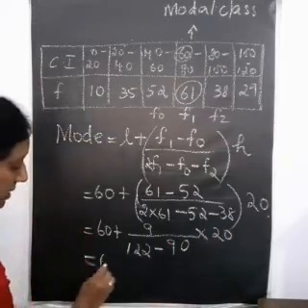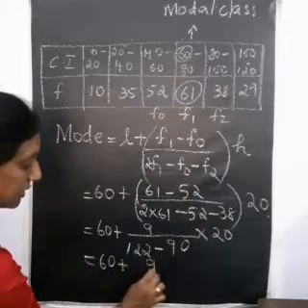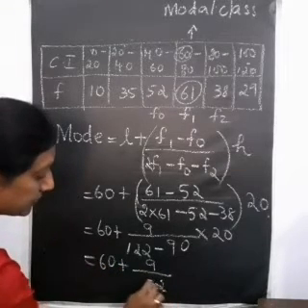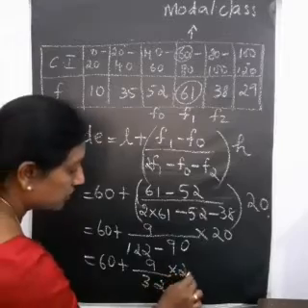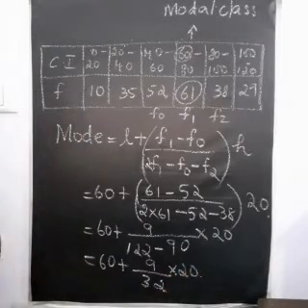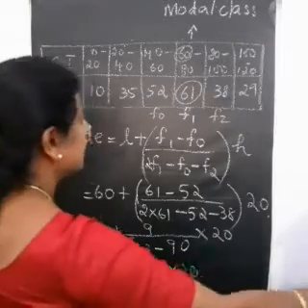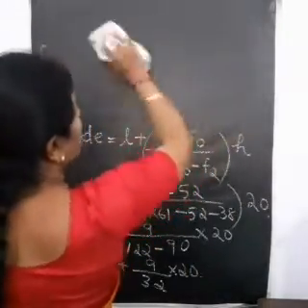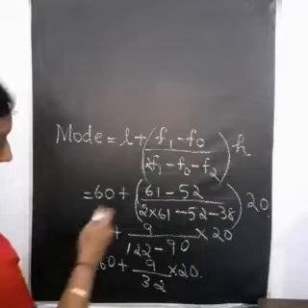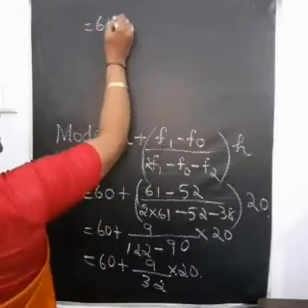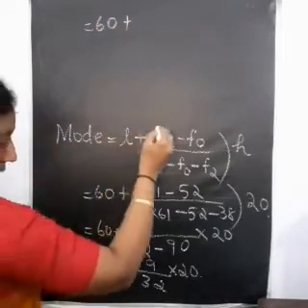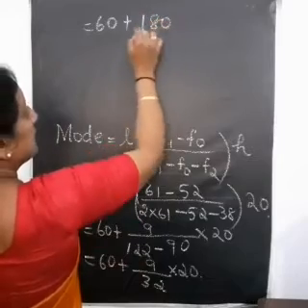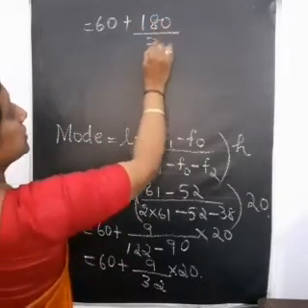So that will be 60 plus 9 divided by 32 into 20. Now if you cancel and find the answer, you will get the mode of this frequency distribution. You will get 60 plus 180 divided by 32.